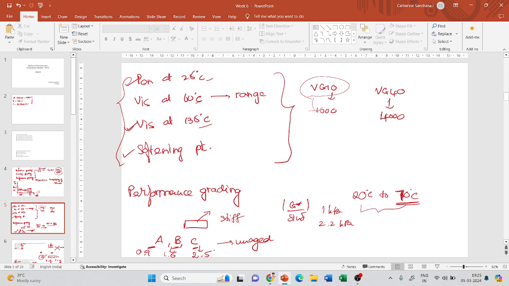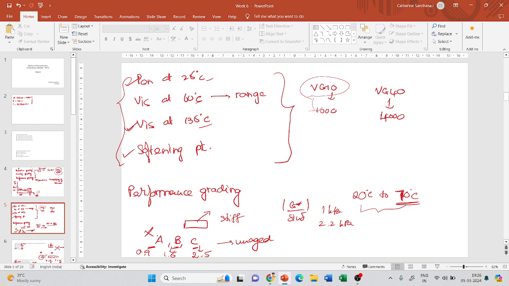It means obviously bitumen A cannot be used, because at 70 degrees Celsius it has to have a minimum stiffness of 1 kPa and it has only 0.9 kPa. So obviously bitumen A will fail. It will undergo rutting. If you see bitumen B and C, they will survive this climatic condition.